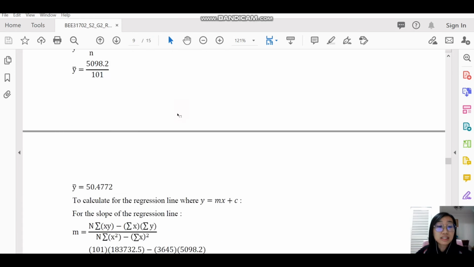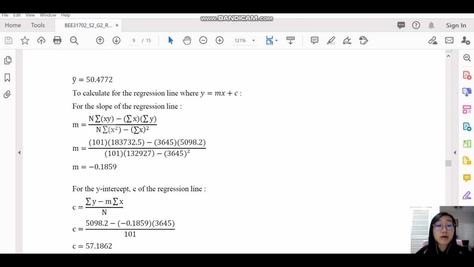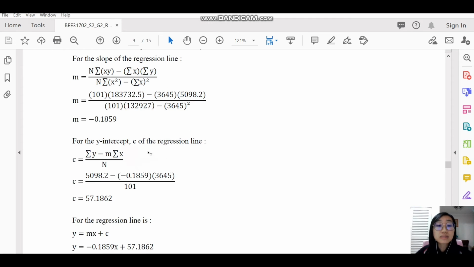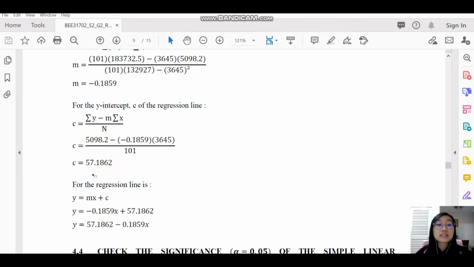The means for x and y are the same as the result we get in Microsoft Excel. Next, to calculate the regression line where y equals mx plus c, m is the slope and c is the y-intercept, we use this formula to calculate the slope, and we will get that the slope m is equal to negative 0.1859. For the y-intercept c, we use c equals total y minus m times total x, over n, and we will get that c is equal to 57.1892.